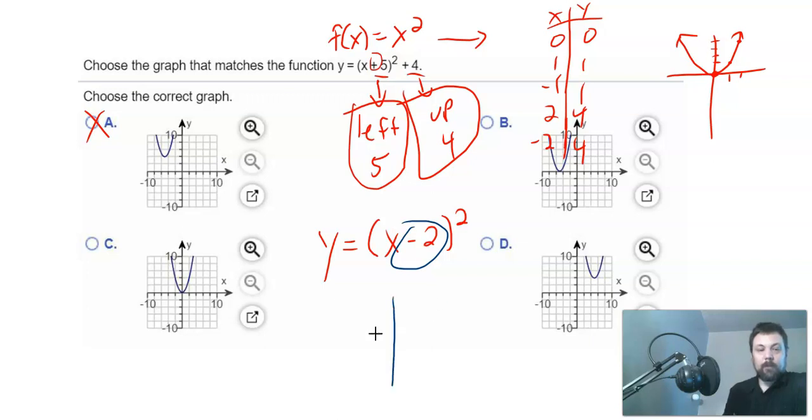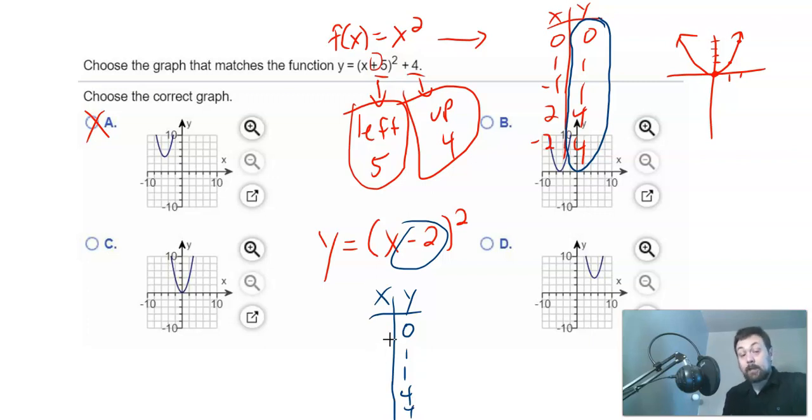If I find some more solutions to plot as points for this one, and I want to maintain the same y values, so I want to stay at 0 for y on the first choice, 1s for the next 2 choices, 4s for the next 2 choices, how do I have to adjust my choice for x? If I want the y coordinate to be 0 here, what do I have to choose for x to make sure I stay at 0?